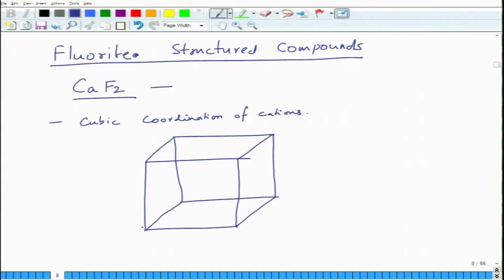Which means there should be 8 anions surrounding a cation. Now, under what conditions is that possible? It is possible, for example, in this condition.